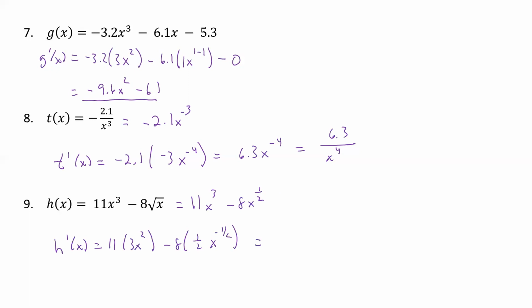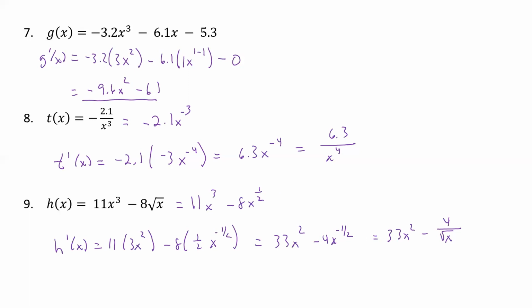Okay, so now simplifying, I have 11 times 3, so that's 33x squared. Well, half of 8 is 4, so minus 4. And then I have x to the minus 1/2. Now again, with this one, I could rewrite this as 33x squared minus 4 over square root of x, and that would be just fine as well.